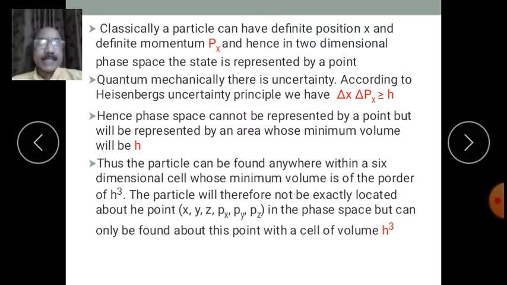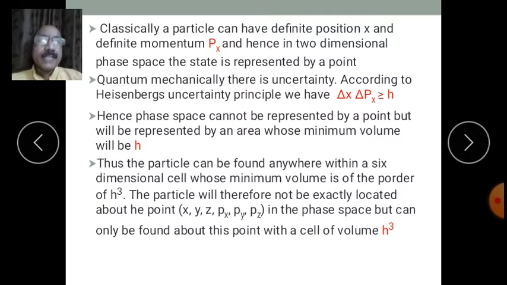Then we extended our imagination to a six-dimensional space, which represents six axes x, y and z, px, py and pz. So every point in this space has six coordinates which represent position and momentum.